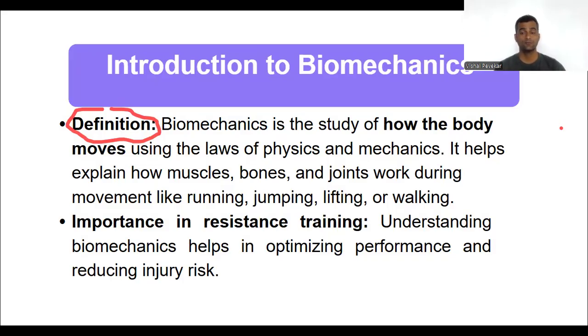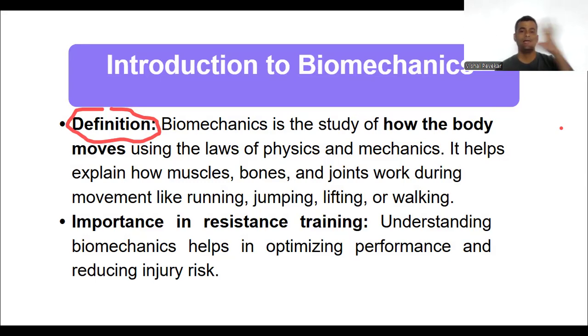This is the second chapter, and this is the most important chapter from a training point of view because it will help you understand everything you need to know about exercise. It will not just help you stay away from injury but also help you improve performance, which is most important. So here it's about biomechanics, and biomechanics is simply how your body moves, which includes laws of physics and mechanics.